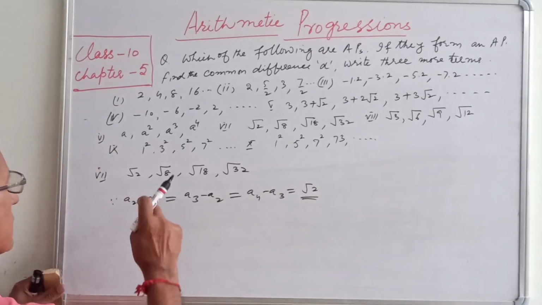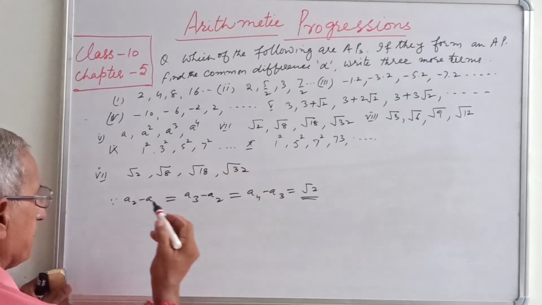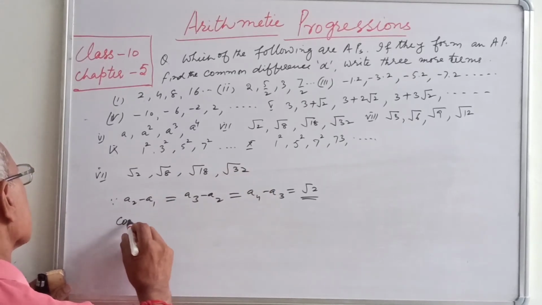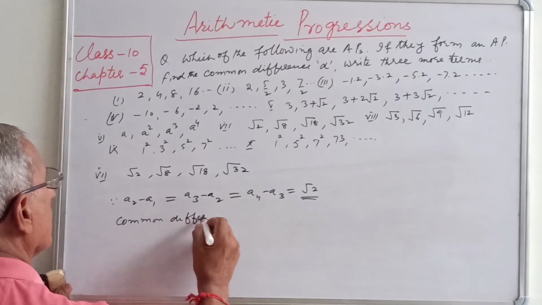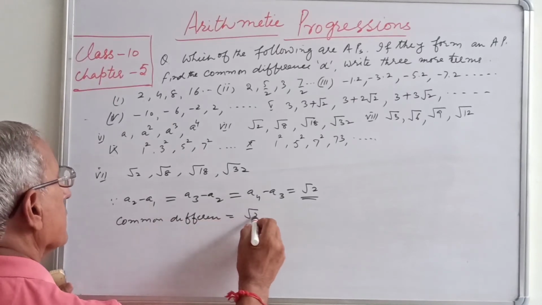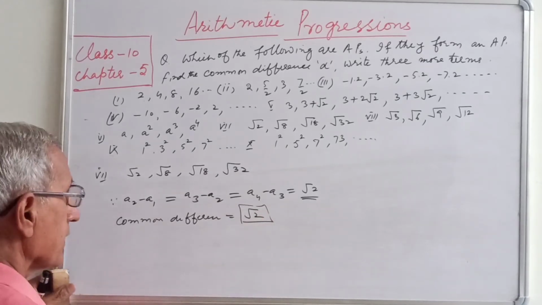So therefore the sequence is an AP. The given sequence is an AP, and the common difference is under root 2, that is, D is under root 2.